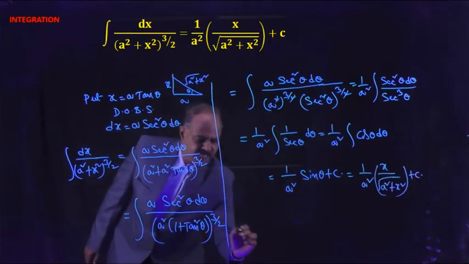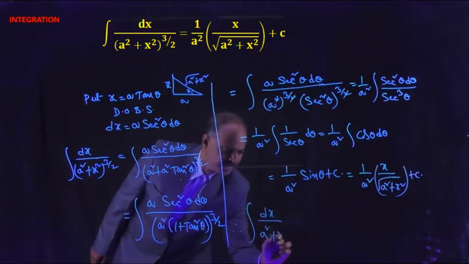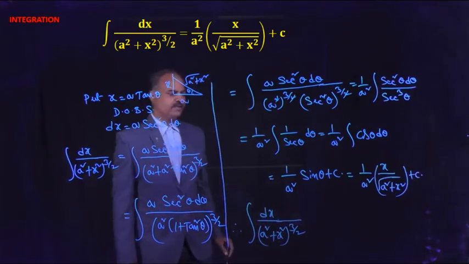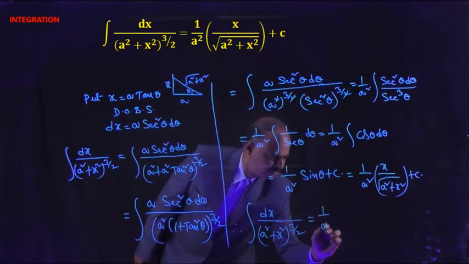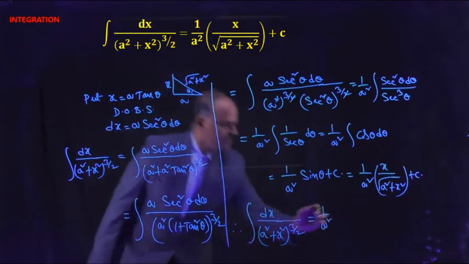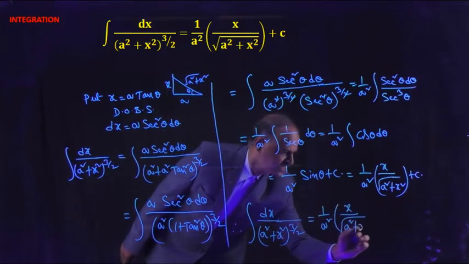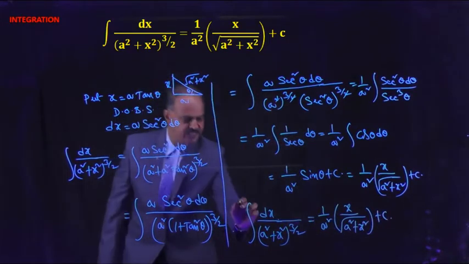So finally integral dx by (a square plus x square) whole to the power 3 by 2 equal to 1 by a square into x by root over a square plus x square plus integration constant.